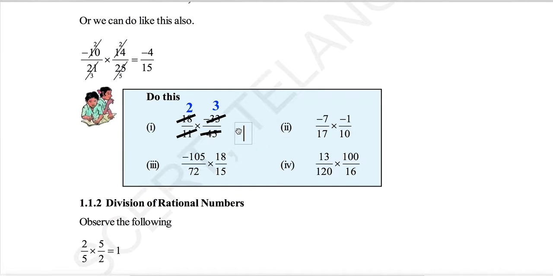Okay, so what is the resultant? Resultant will be 6 by 5. Okay, similarly you can proceed with the rest of the things, I guess, right?